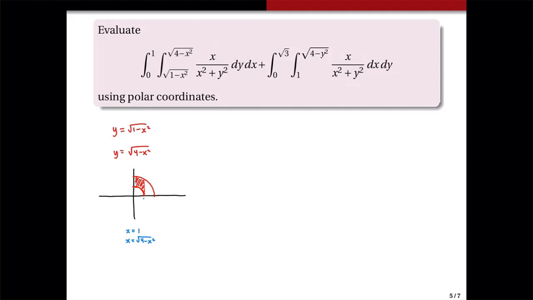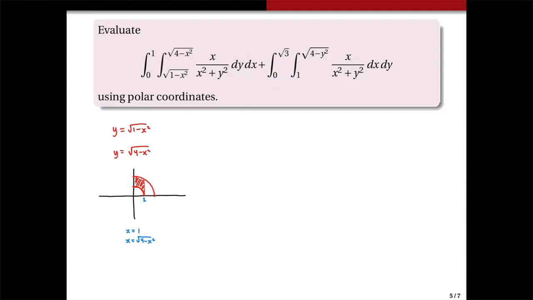This is your x equals 1, and your x is equal to the square root of 4 minus y squared. It's this part here. Correct? And then your y runs from 0 to square root of 3.